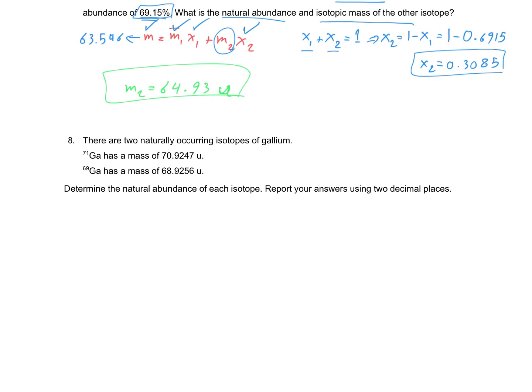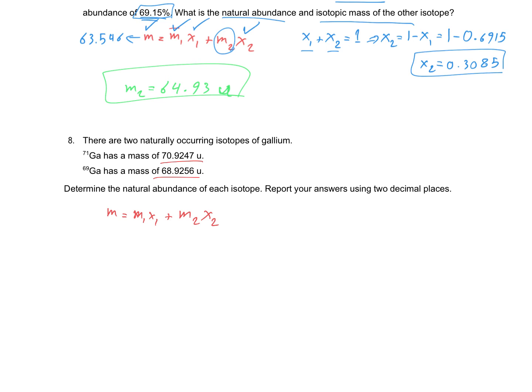Okay, for the last question, this same type of question, we have two isotopes, we have the mass of two isotopes, and it's asking for the natural abundance of both of these. So again, the same formula, M1 x1 plus M2 x2.